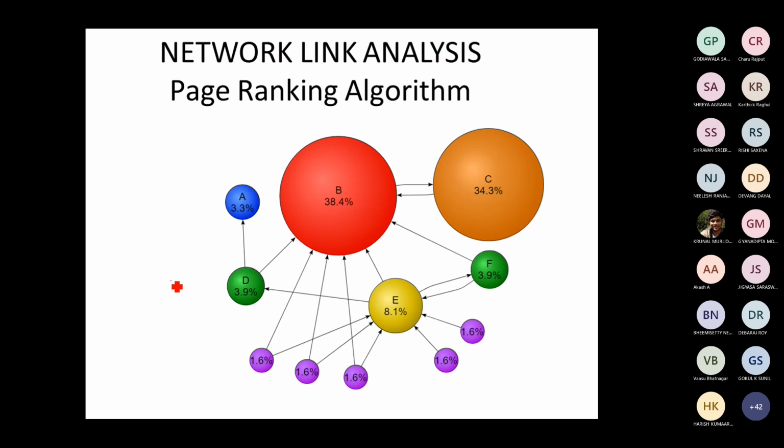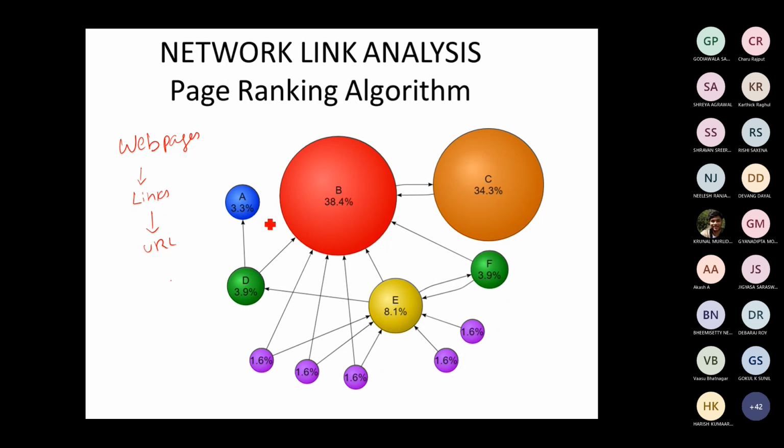So now, dear students, we will go into another interesting link analysis algorithm called the page ranking algorithm. Given some web resource, many web pages will be available. Web pages, in the sense, web links. In other words, URLs will be available.